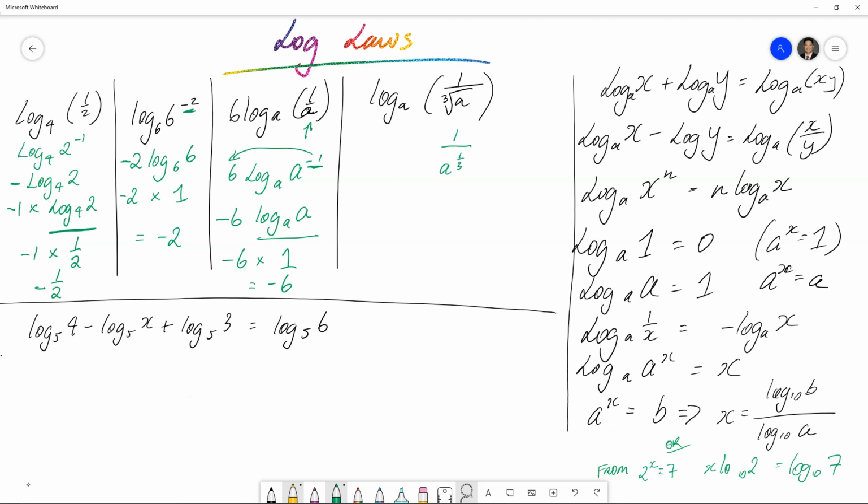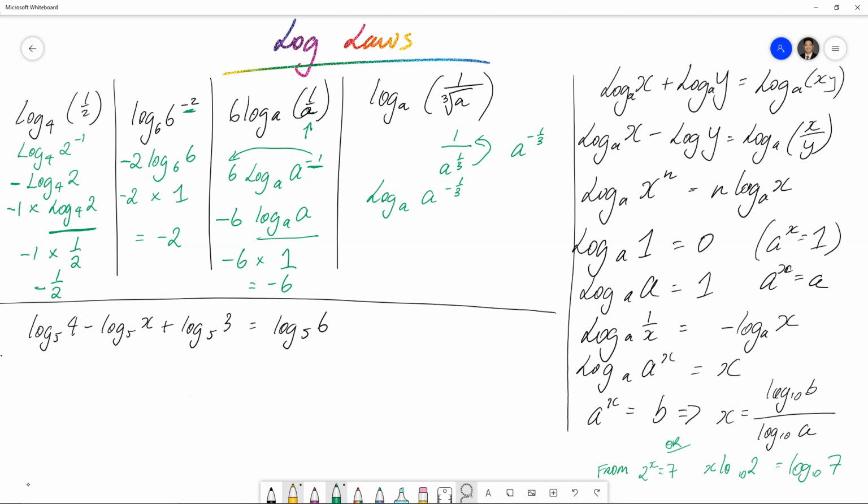Now I don't want it in fraction form, so I'm going to bring it to the top and do the reciprocal. When we do the reciprocal, we're going to flip the polarity, so your power becomes negative. Okay, so I'm going to rewrite all of that. So we have log base a of a to the power of a negative third.